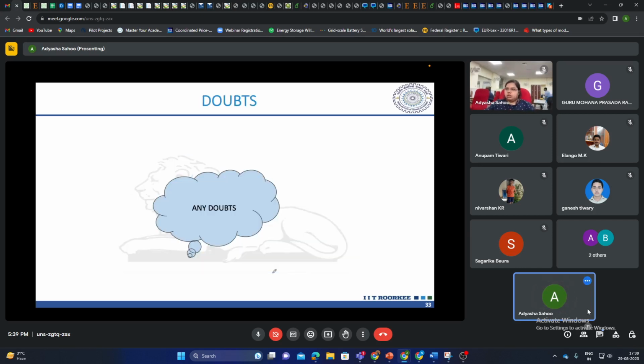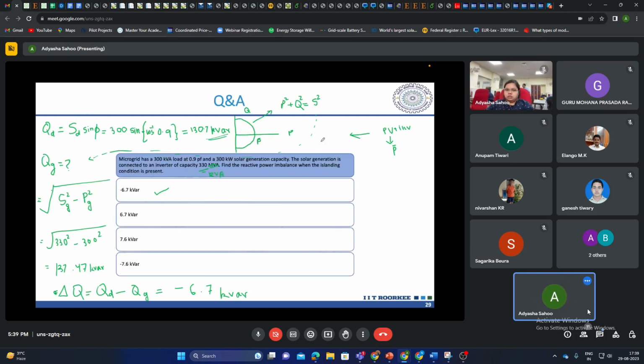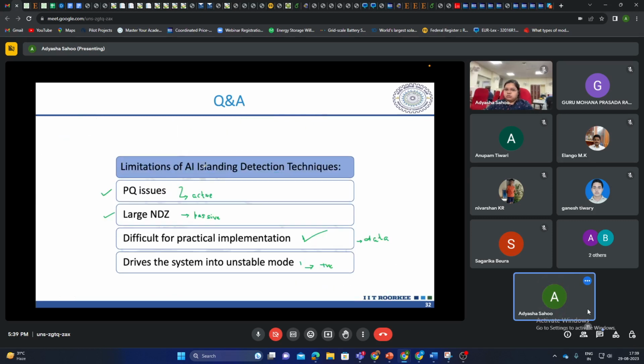Okay, any doubts if anyone? If not, I have one doubt. In this question, we saw that since PV does not have the capability to absorb or inject reactive power, we need to have an inverter. So how do we decide the size of the inverter?